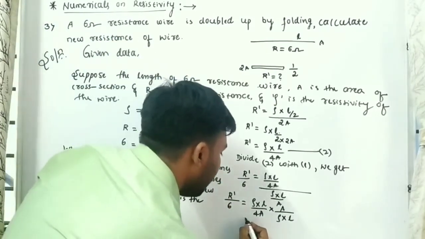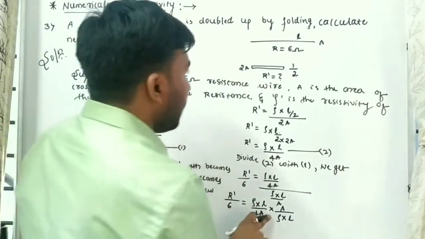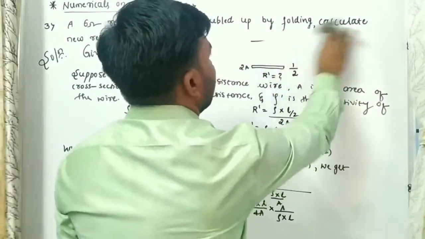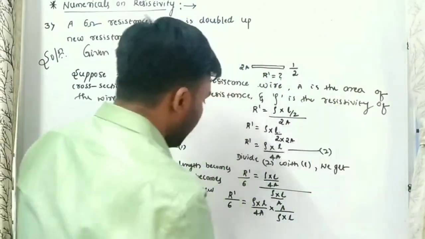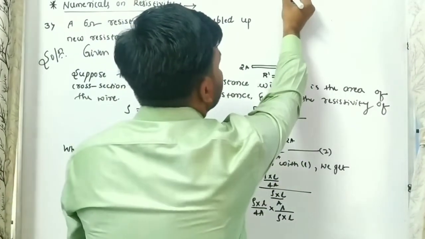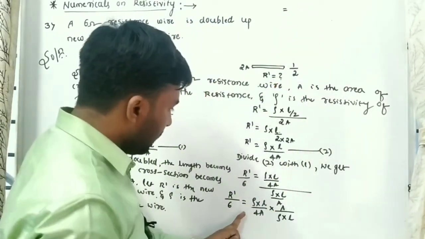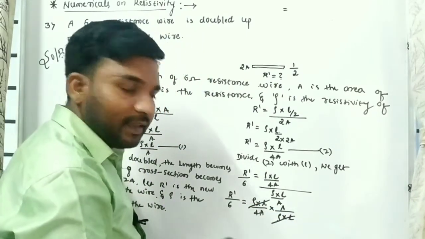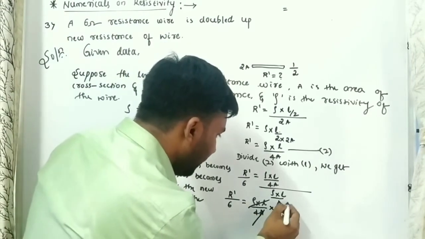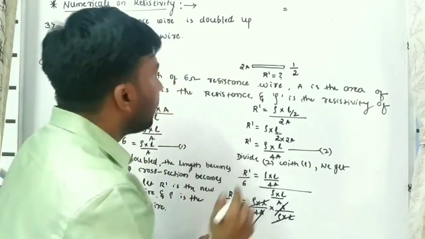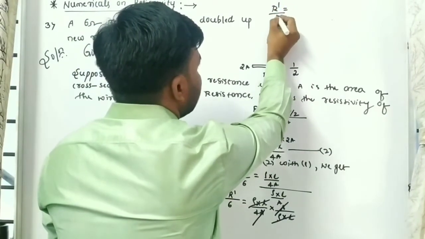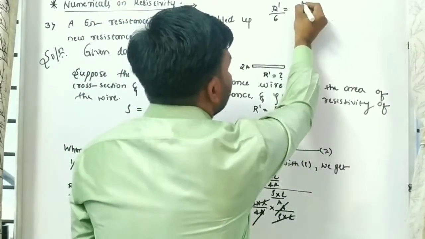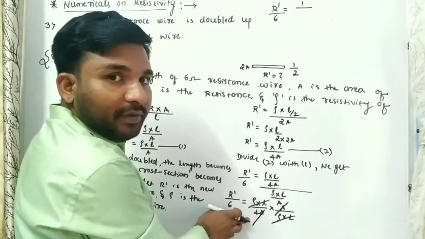So here this is equal to, both get cancelled together. This A, both get cancelled together. So here R dash divided by 6 is equal to 1 divided by, in the denominator we have 4.